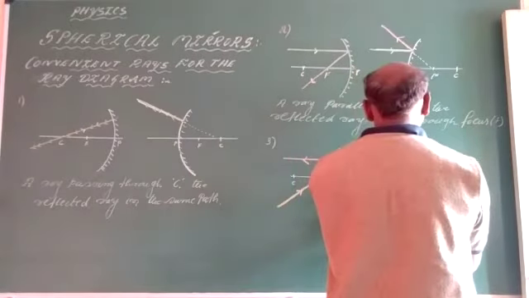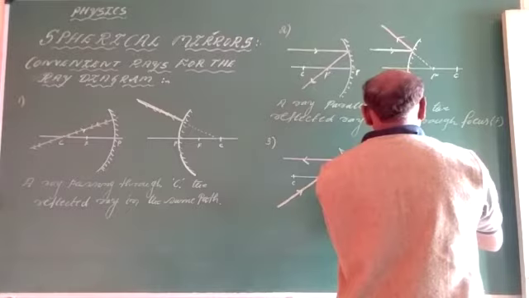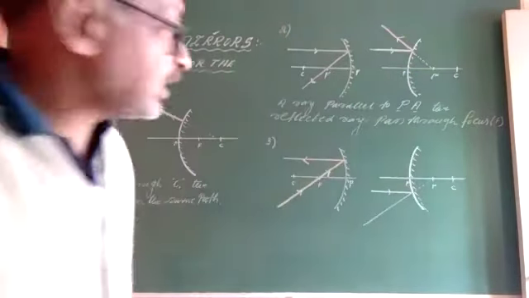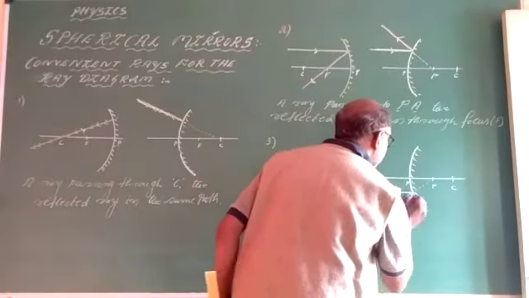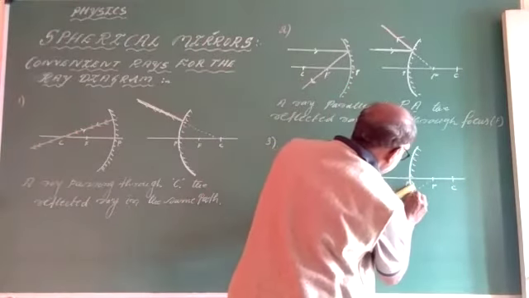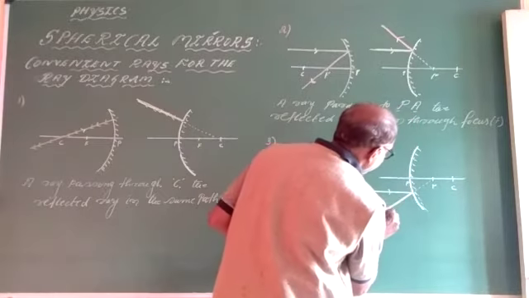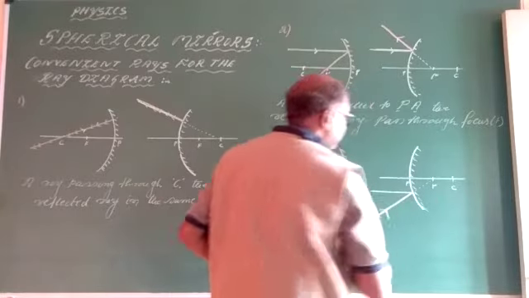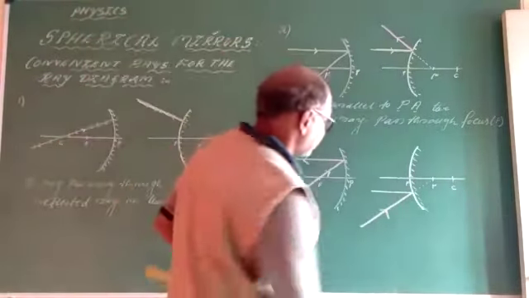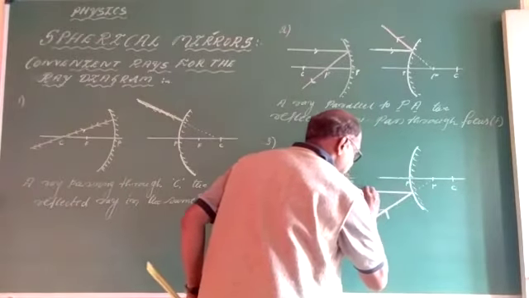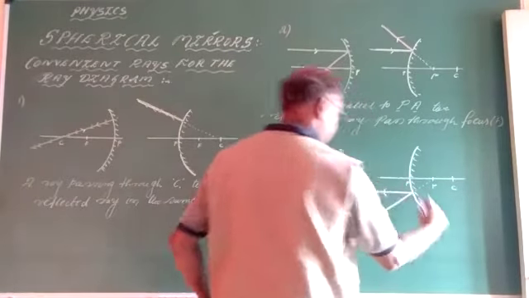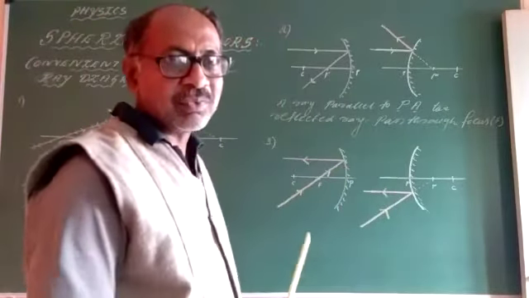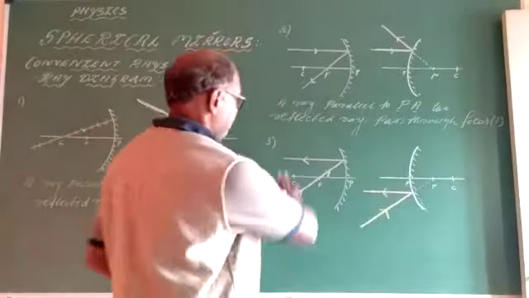Then this is an incident ray, and this one is the reflected ray. The reflected ray can take this side also or this side also. So this is what happens in this case.